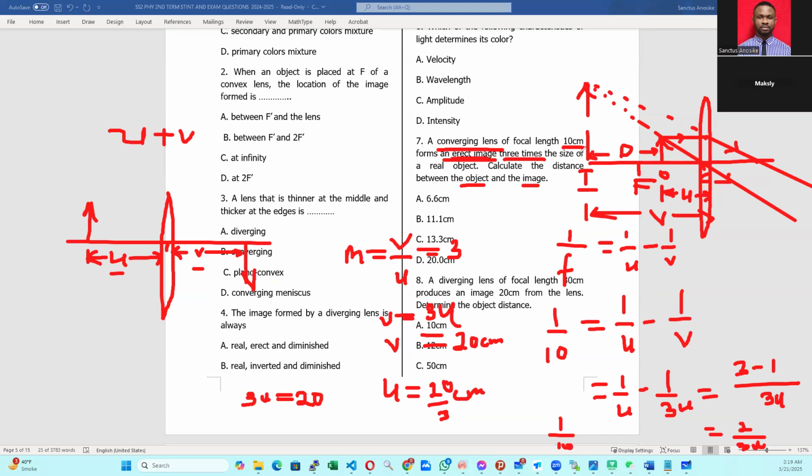Because the image and the object are formed on the same side of the lens, the distance between the image and the object will be what? V minus U. Do you follow, Sylvester? Yes. So the distance will be V minus U.